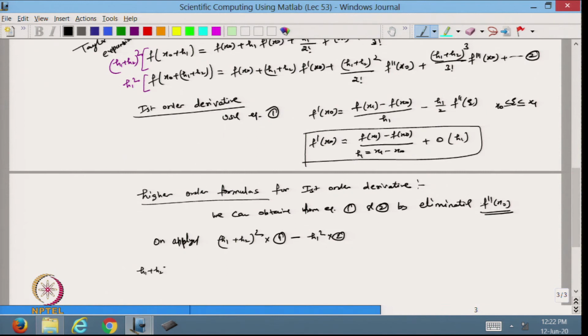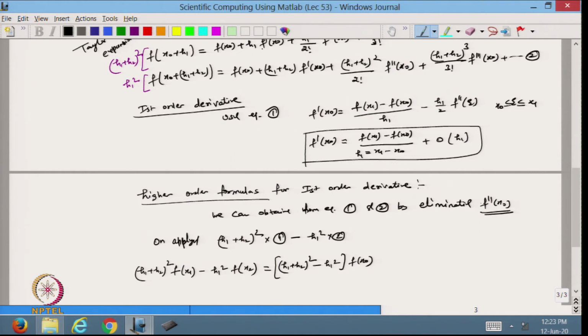(h1 plus h2) square f at x naught plus h1, so this is f x1, minus h1 square, this one I can take, and that I can write f x2, because this is x2. This one I can write as (h1 plus h2) square minus h1 square, and this is equal to f x naught.